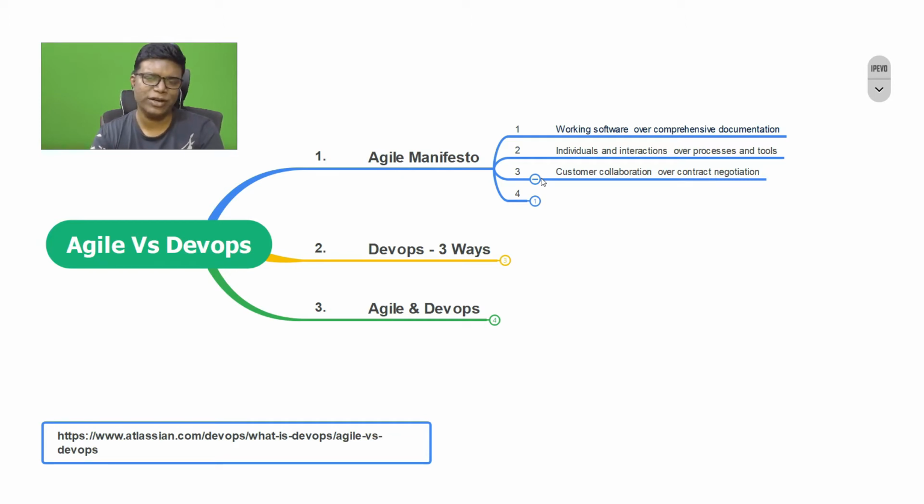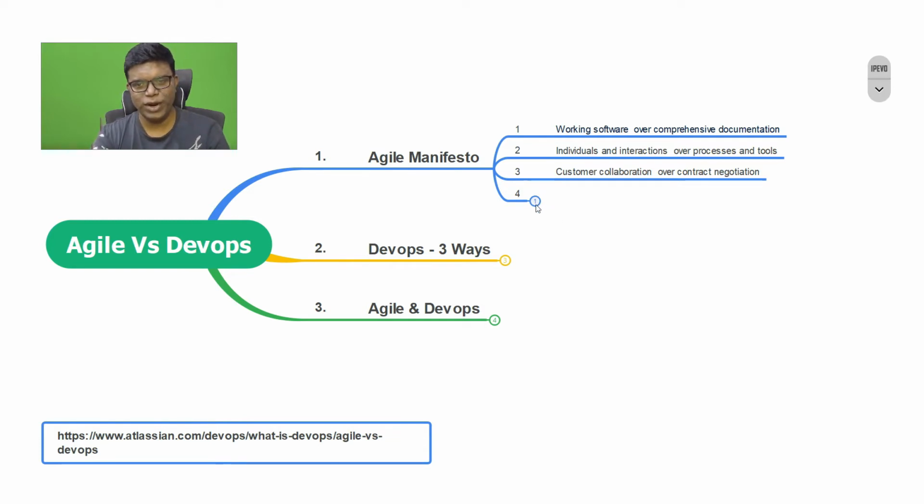Look at the customer as a professional friend. Start working with him, understand his requirements, his pain points, his wishes, write them as stories, and then start implementing. That is more important than contract negotiation. Contract negotiations, payments, and terms and conditions are important, but customer collaboration is all the more important.